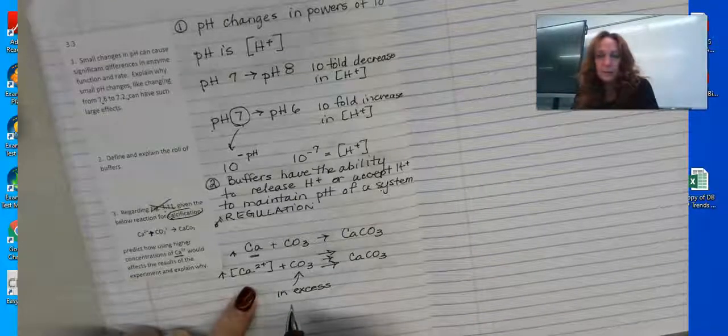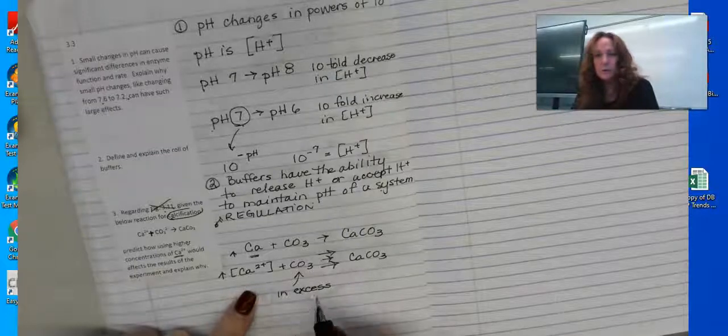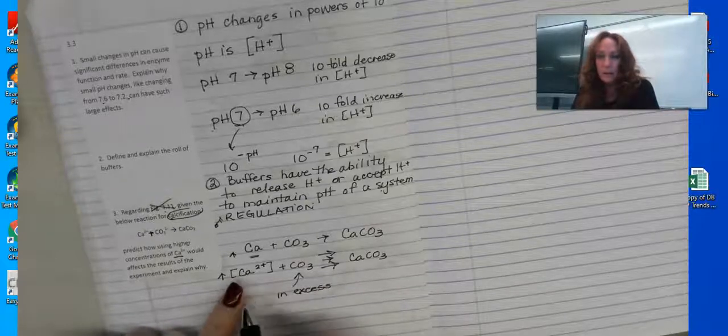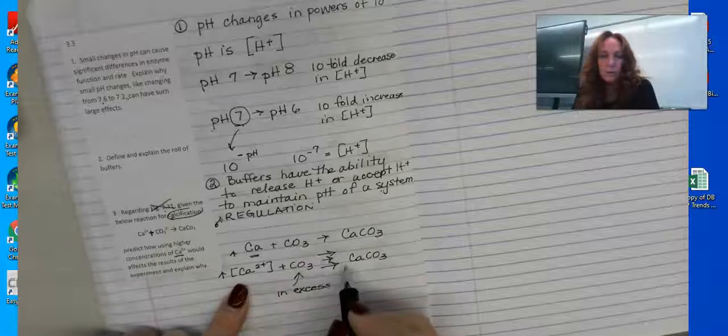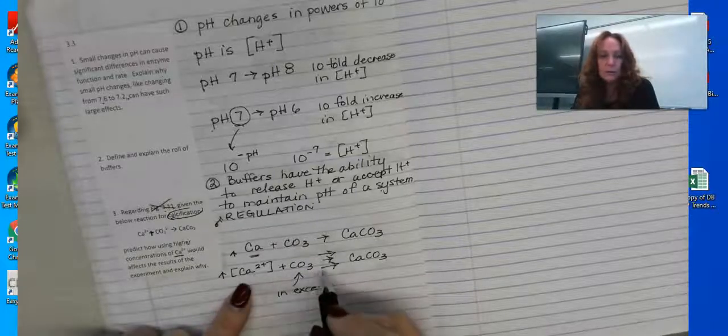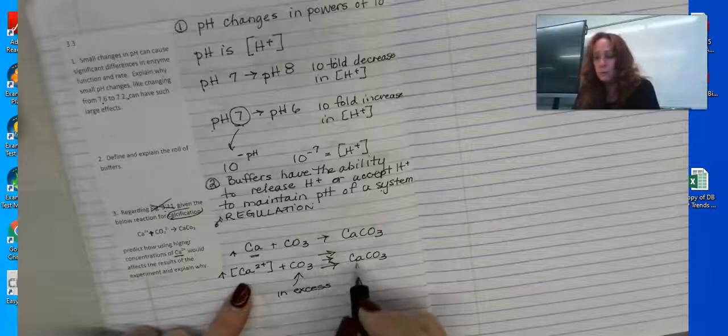And that's what happens a lot of times in biological systems: one of the reactants is plentiful and the other one's tightly regulated. And because it's tightly regulated, you can regulate the product. So if you increase the concentration of calcium, you'll move more toward the product.